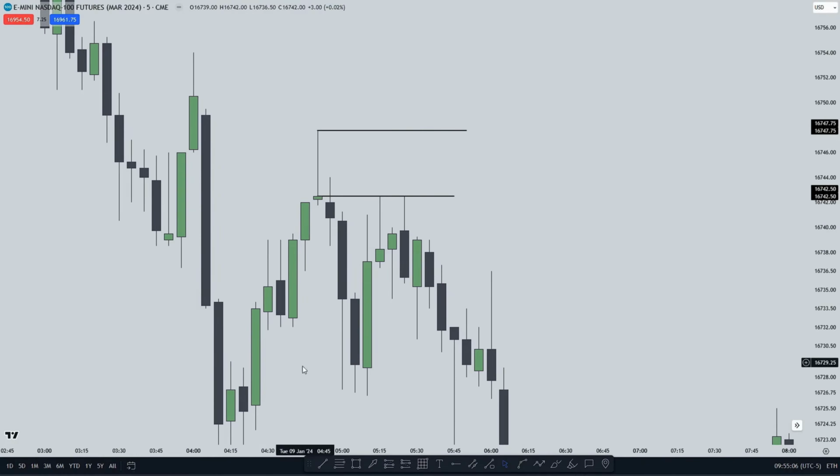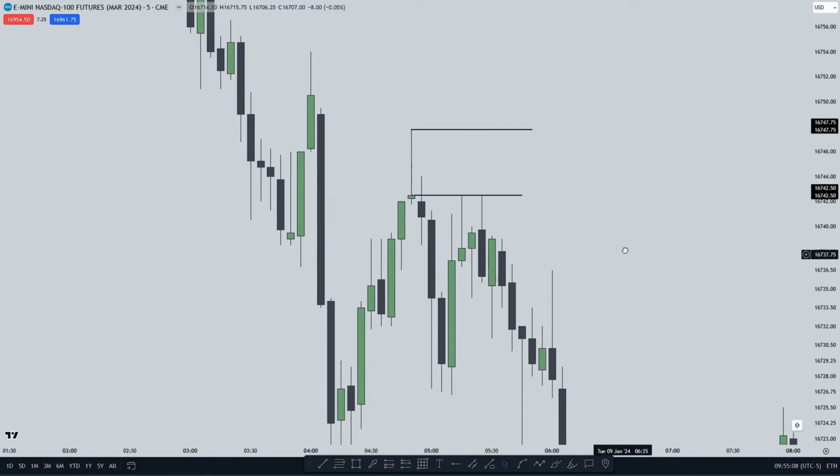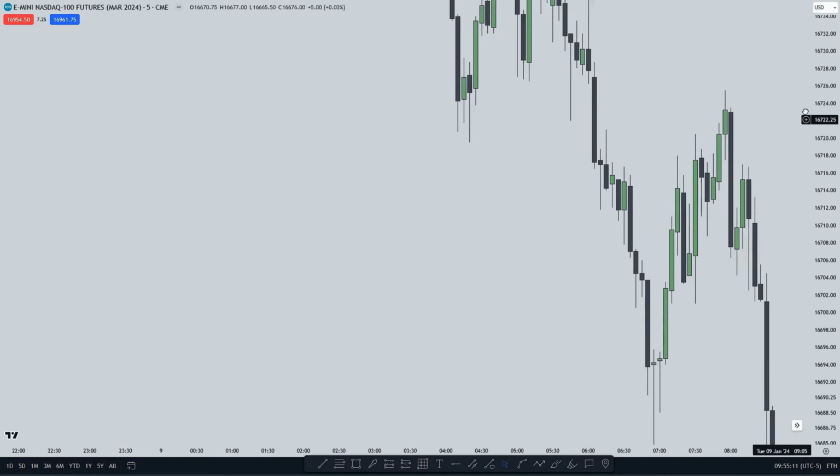So as we see, price comes up, touches the rejection block, and then we get an immediate reaction to the downside.